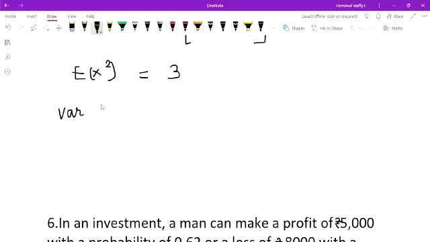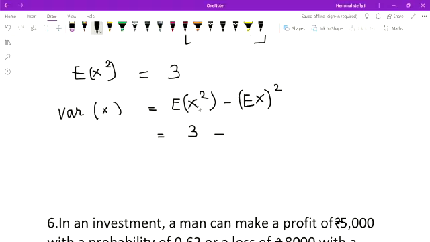So var x equals, what is the formula of var x? E of x square minus E of x whole square. You know the difference of both. So E of x square is equal to 3 minus E of x whole square. What is the E of x?